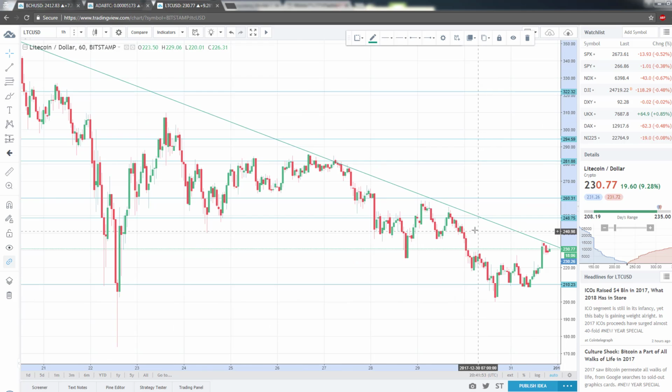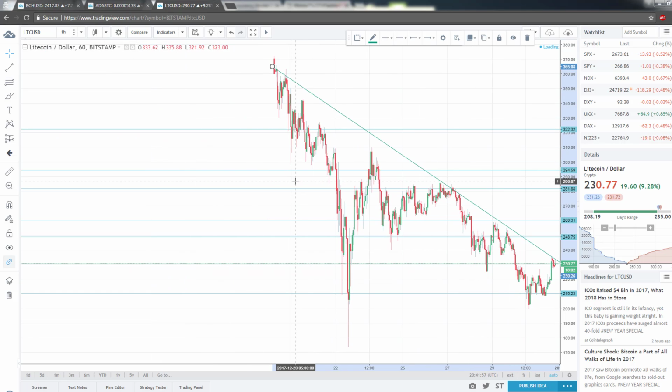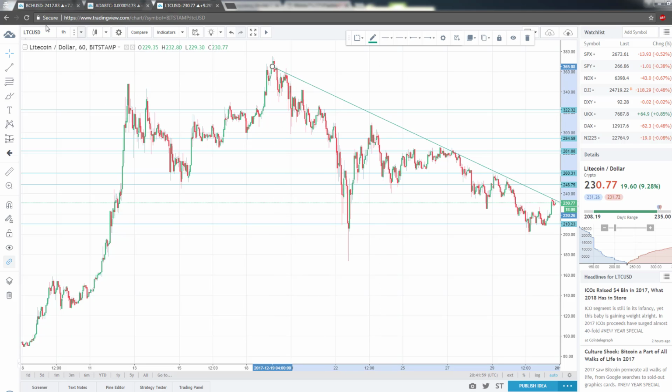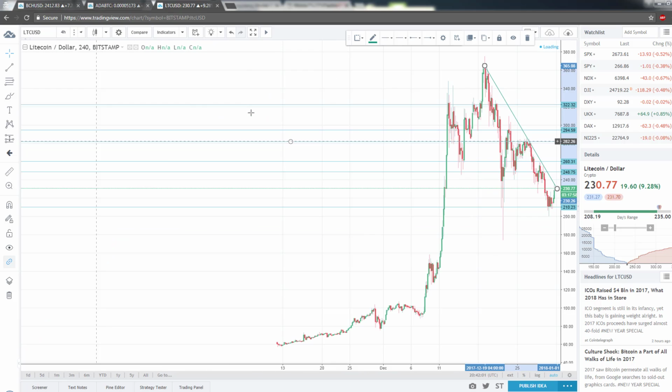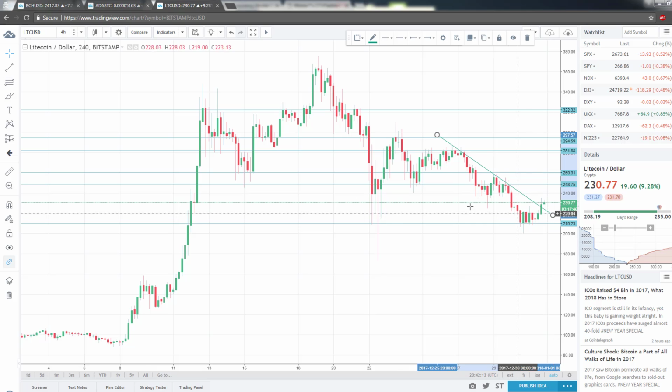But again, it depends on how you trade. If you're a long-term or short-term swing trader, it all depends on your approach to trading these currencies. Cool. It all depends on that.